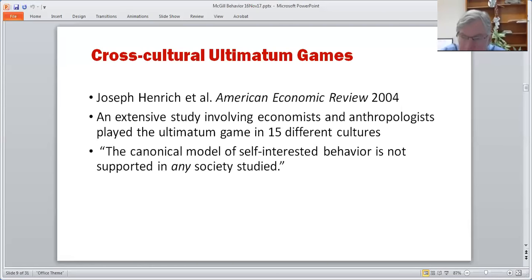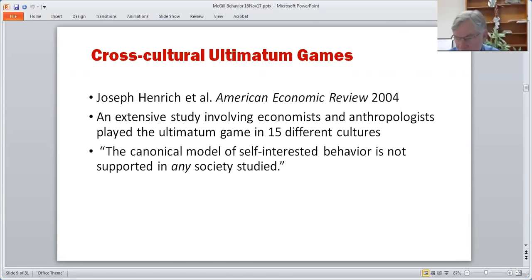Another study was done among the Hadza of Tanzania, which is a hunting and gathering culture. And surprisingly, they gave relatively low offers, and the offers were rejected. You normally think of hunter-gatherers as being very egalitarian in sharing, but the Hadza live in a desert area in Tanzania, so they really hunt small game, and the pickings are pretty scarce.